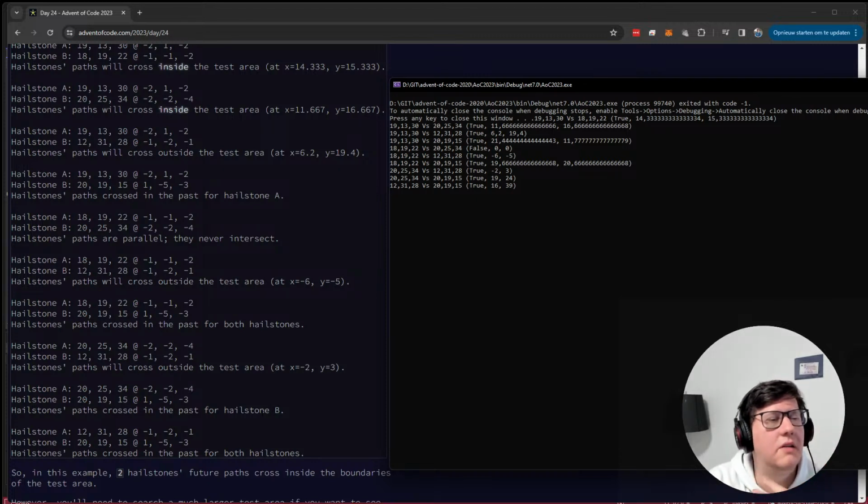Pass will cross outside the test area. 6 and 5, sure. So like the test area is fine, but I need to know which direction it is facing.